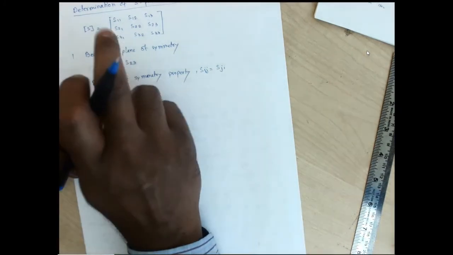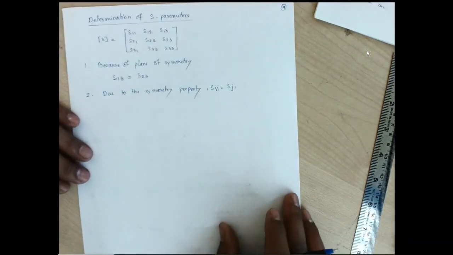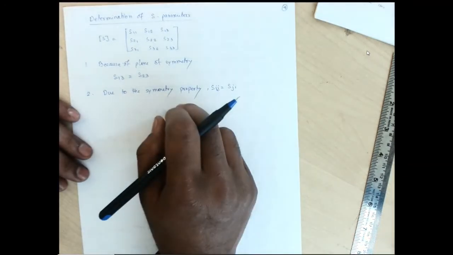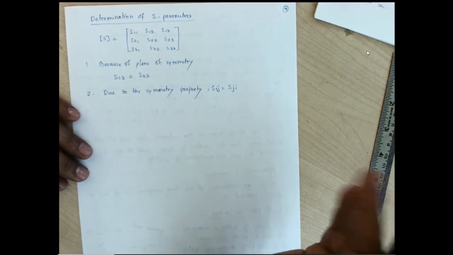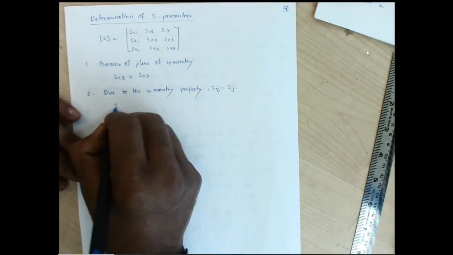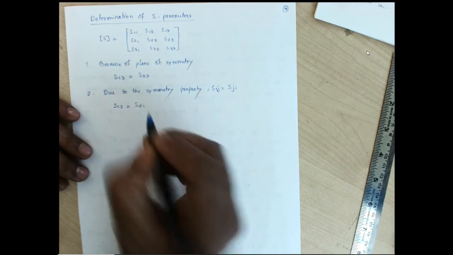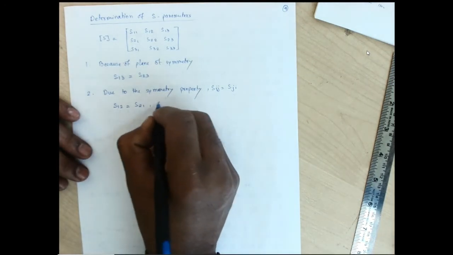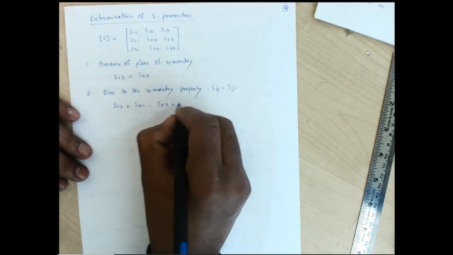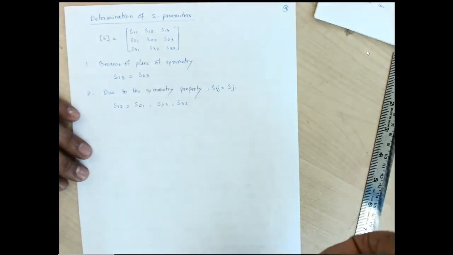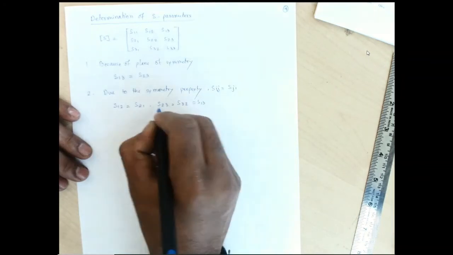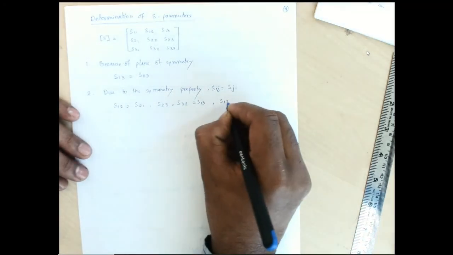Here it exists for this H plane T, but this symmetry property always exists for any microwave device with any number of ports. So what does it mean? S12 is equal to S21, S23 is equal to S32, which is again S13. S23 is equal to S13, and S13 is equal to S31.